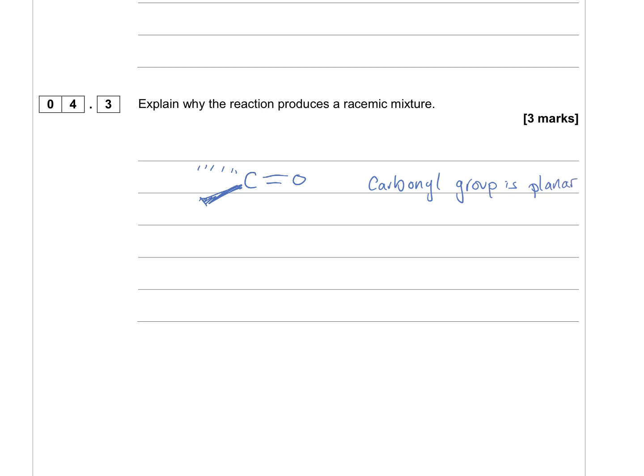So the nitrile, or the cyanide group, the CN nucleophile, can attack equally well from above and below. And this means that you're going to end up with an equal amount of both enantiomers.